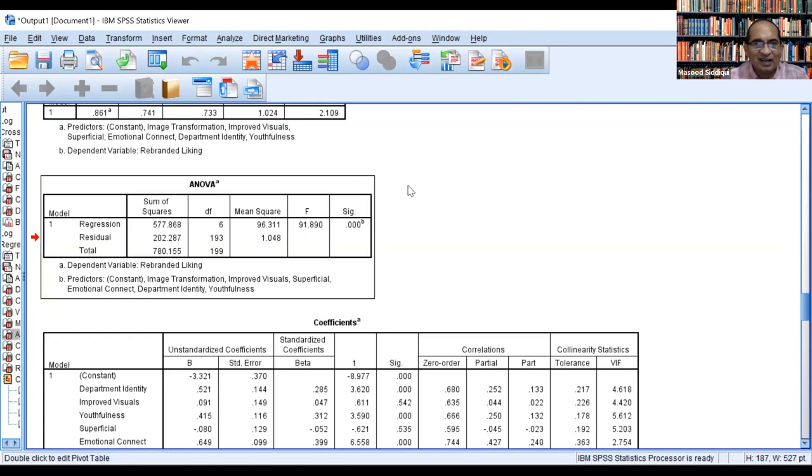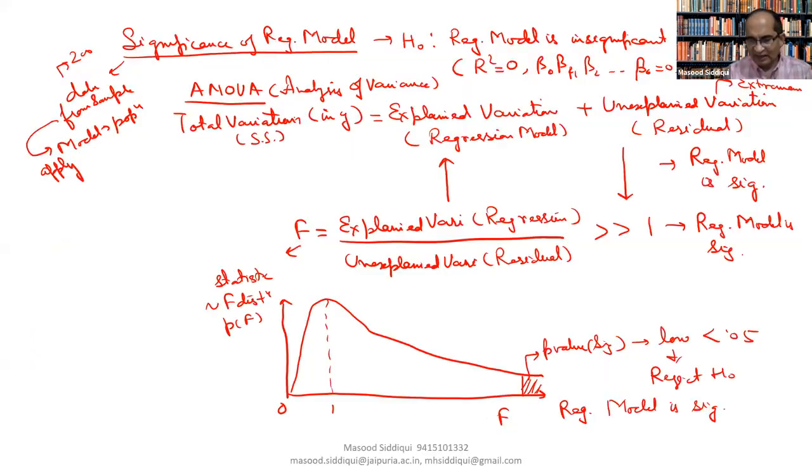So let us write the result. Here we have F as 91.89 or 92. This is a high value, and the p value of F is low. This is 0.000.